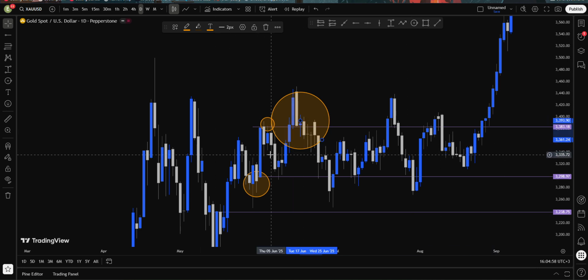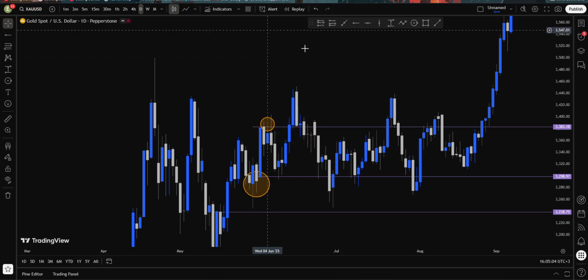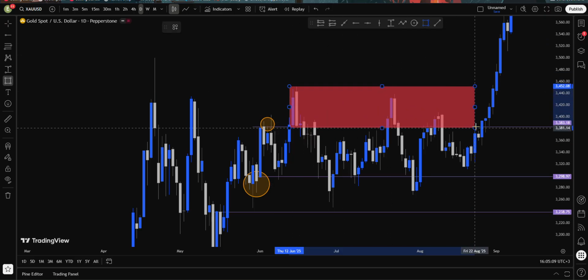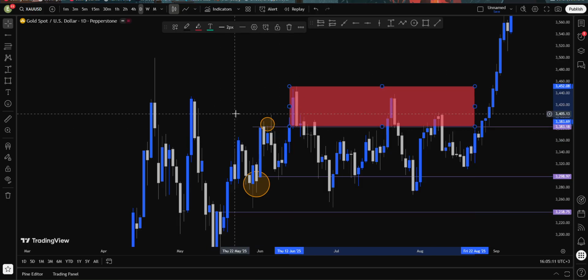So that's what most people do. They draw a zone here, from here up to here, that this is my resistance zone. But this one is dangerous. Why? Because you are risking a lot.